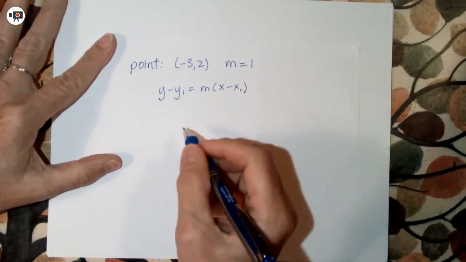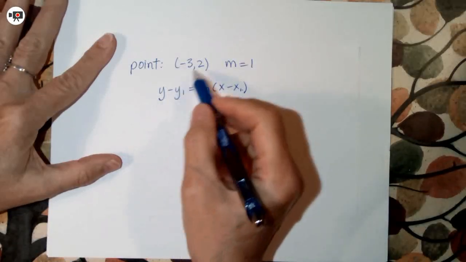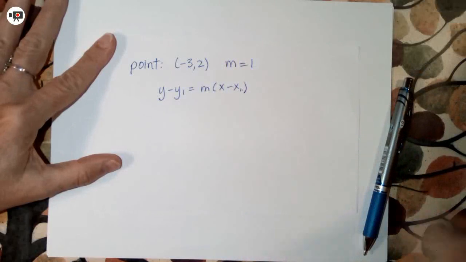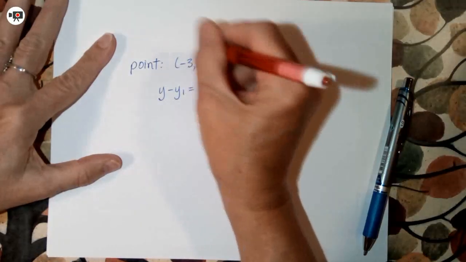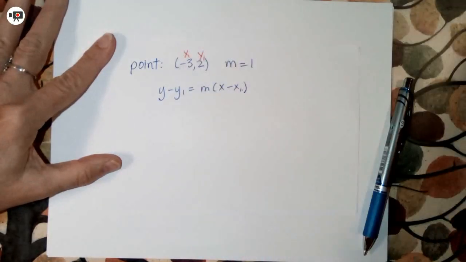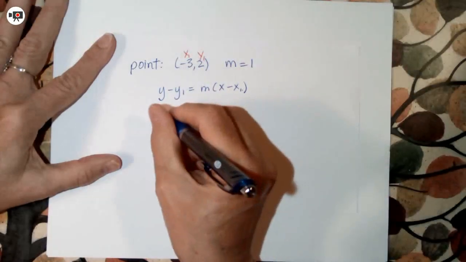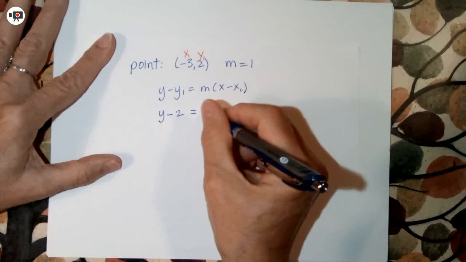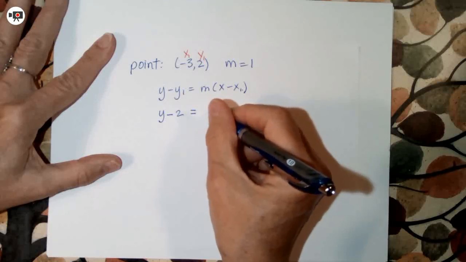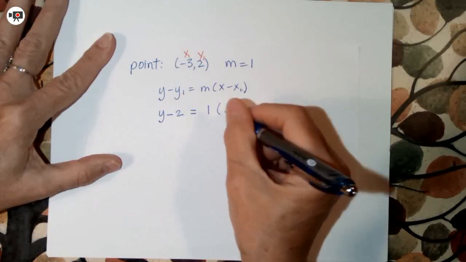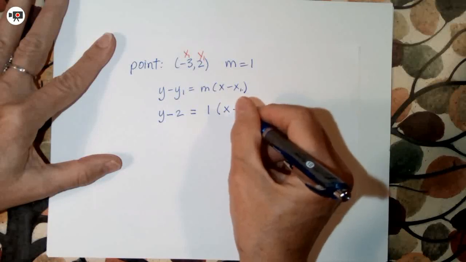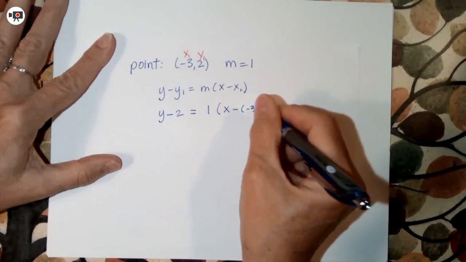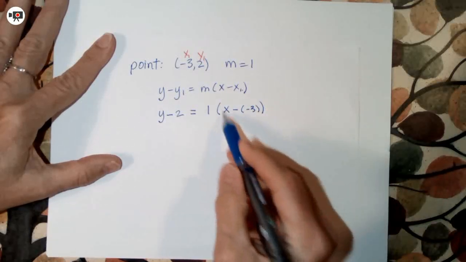Okay, so what do I have here? I have the y value and the x value, and I'm going to substitute it in. So y minus 2 equals the slope, which is 1, which I don't have to write, times x minus a -3. Okay, you can put brackets there if you want.